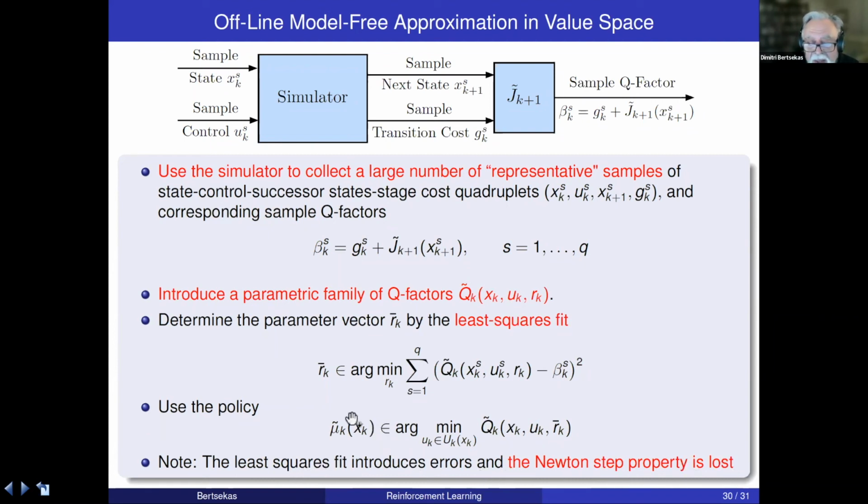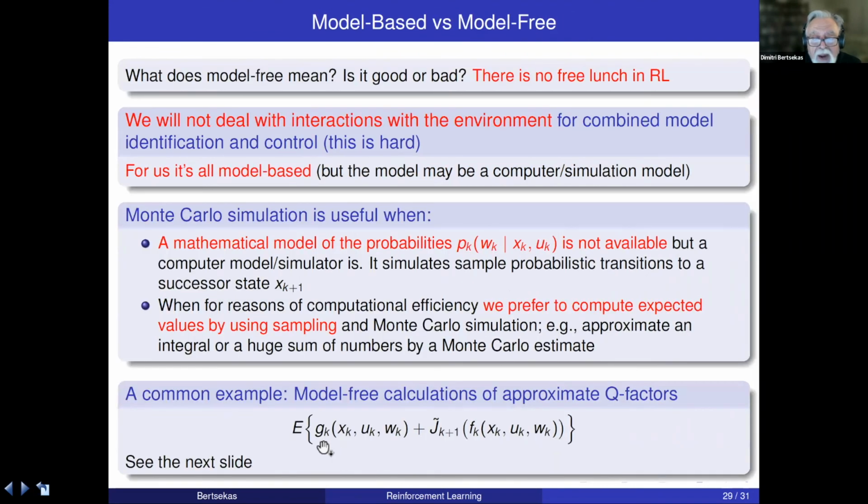You can't expect this kind of policy obtained through this simulator model-free training to be equally good in quality as what you would obtain by honest to goodness one-step minimization with the exact cost per stage and the exact cost function and the exact system function.